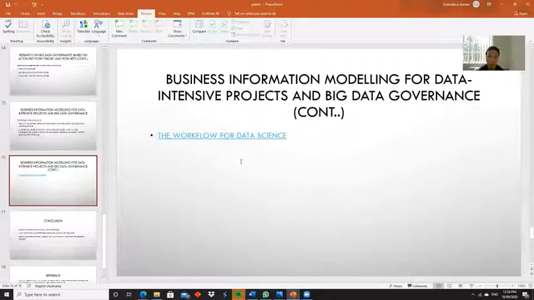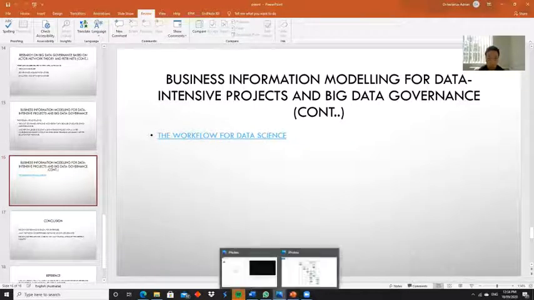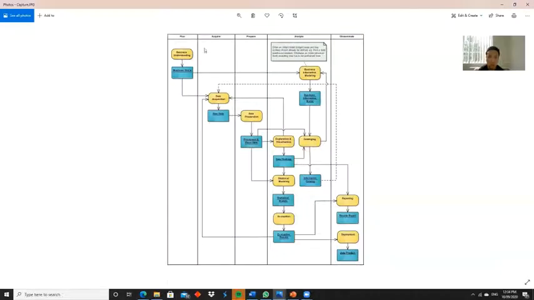The solution is a workflow. I will show the workflow. Basically, there are 5 stages: plan, acquire, prepare, analyze, and disseminate. Basically, we come to business understanding, and we come with the business goals, data acquisition with our raw data preparation, and we get the processed data.